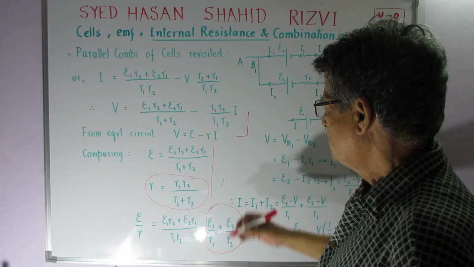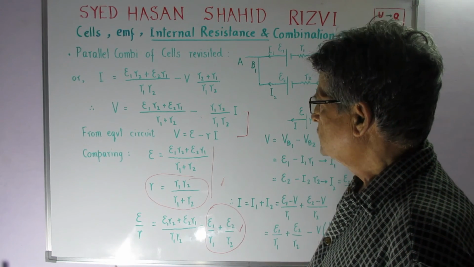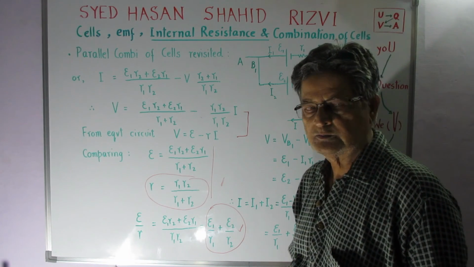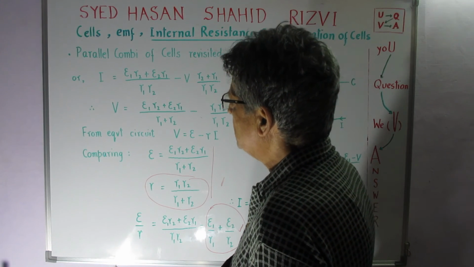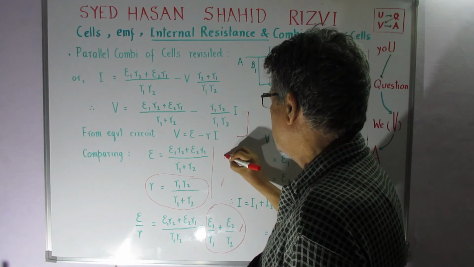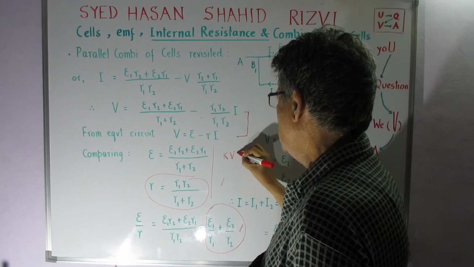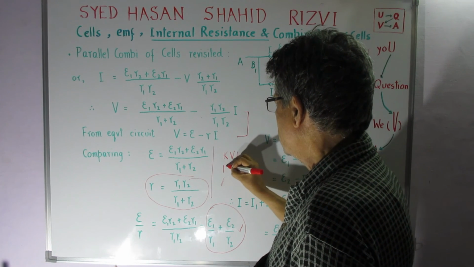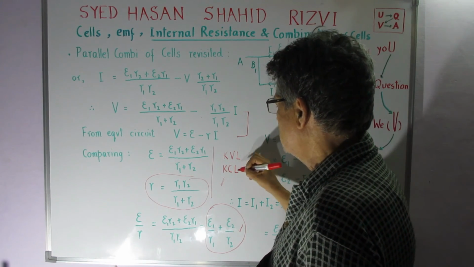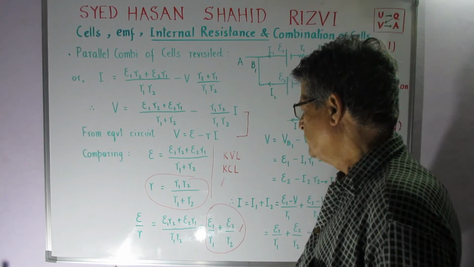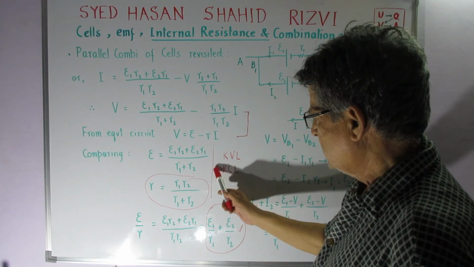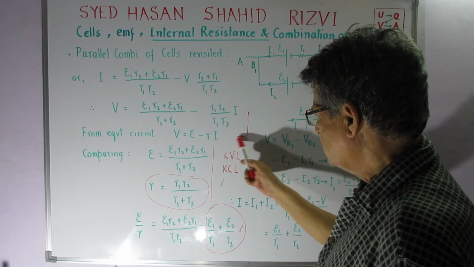So we stop here. In the next session we'll talk about KVL and KCL, where K stands for Kirchhoff's voltage law and Kirchhoff's current law, which are nothing but the conservation of energy and the conservation of charge.